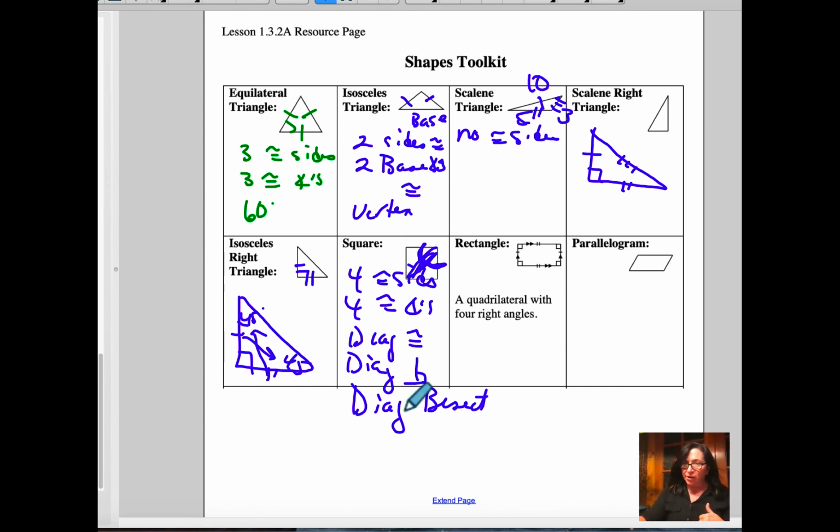be 45 degrees. A rectangle, not as much as a square, but it is a quadrilateral with 4 right angles, check. Both pairs of opposite sides are congruent. Those are the deal for a parallelogram. So instead of saying all the attributes for a parallelogram, you can say a rectangle is a parallelogram.